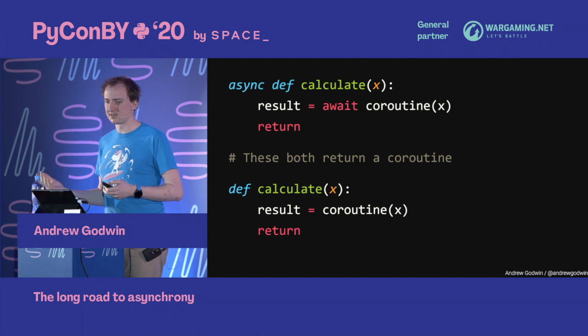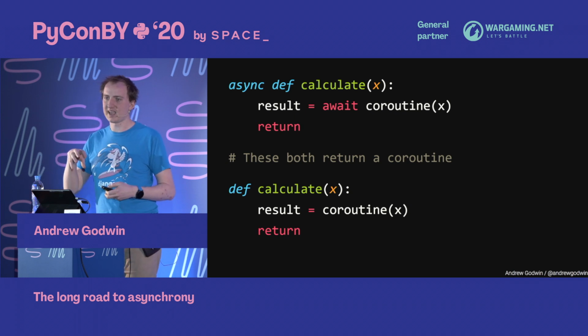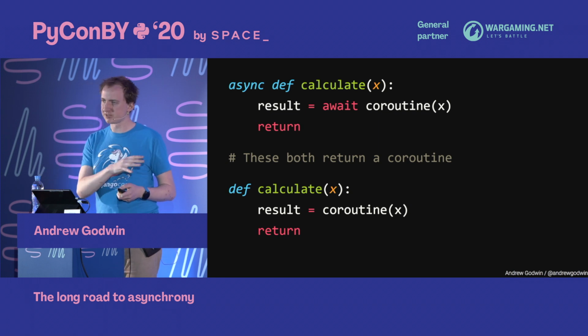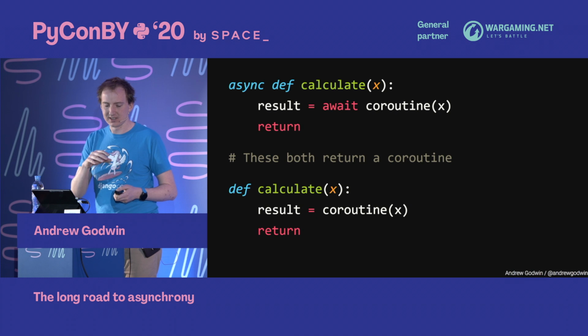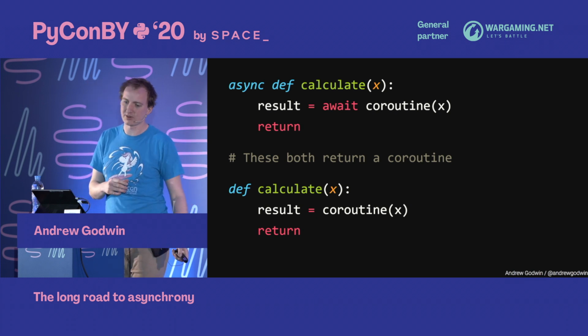The second one looks like a normal synchronous function. But the key thing is the way asynchronous functions work in Python is that they are callables that return a coroutine. And that bottom one, while it is not an asynchronous function, is still returning a coroutine, and so it counts as an asynchronous function.